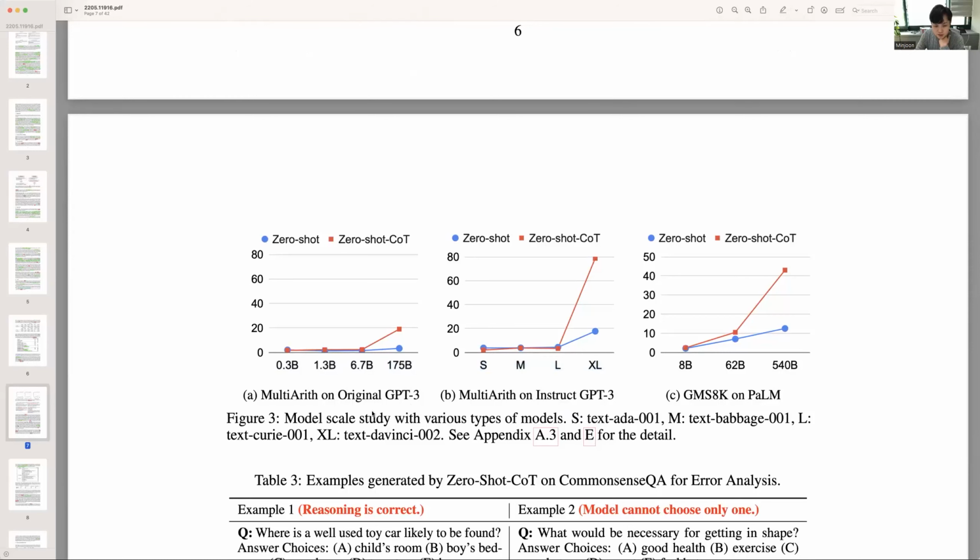They saw that in all three models: GPT-3, the original GPT-3, and then OpenAI released InstructGPT, which is basically text-davinci-001, 002, these models. They saw that the performance gains a lot, even more in InstructGPT than in GPT-3, and they see a similar trend in the PaLM model too.